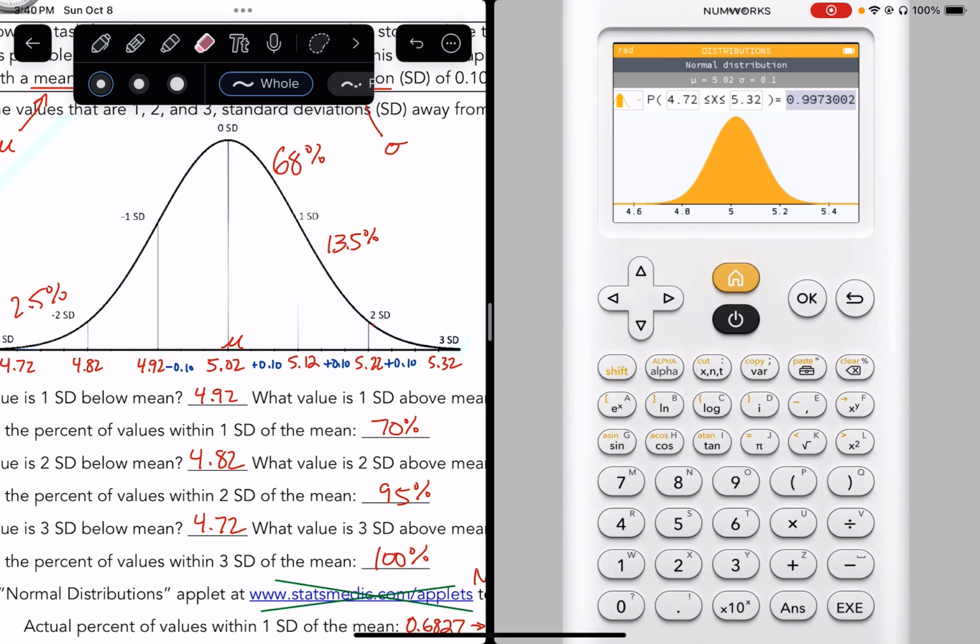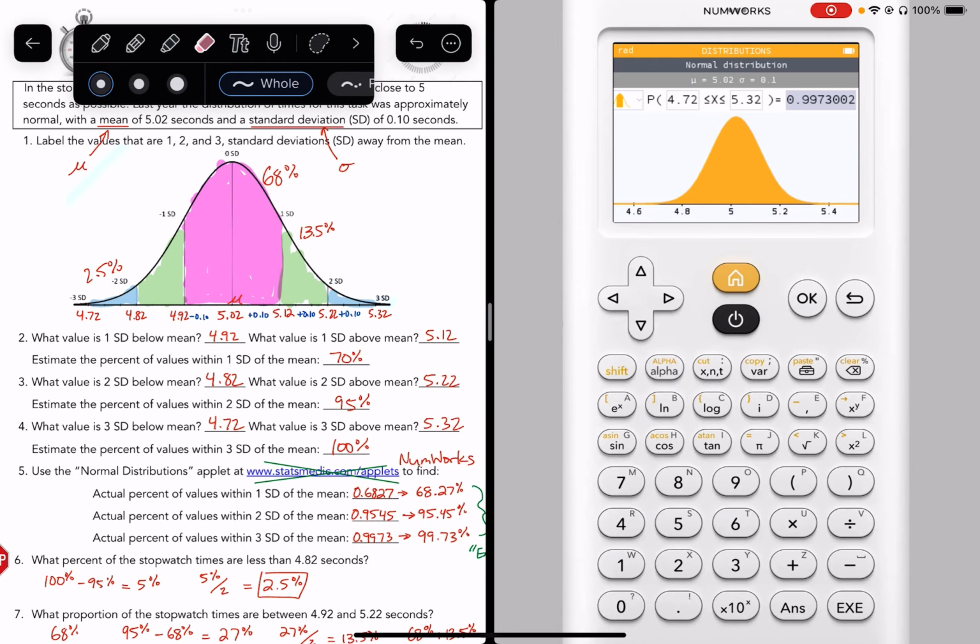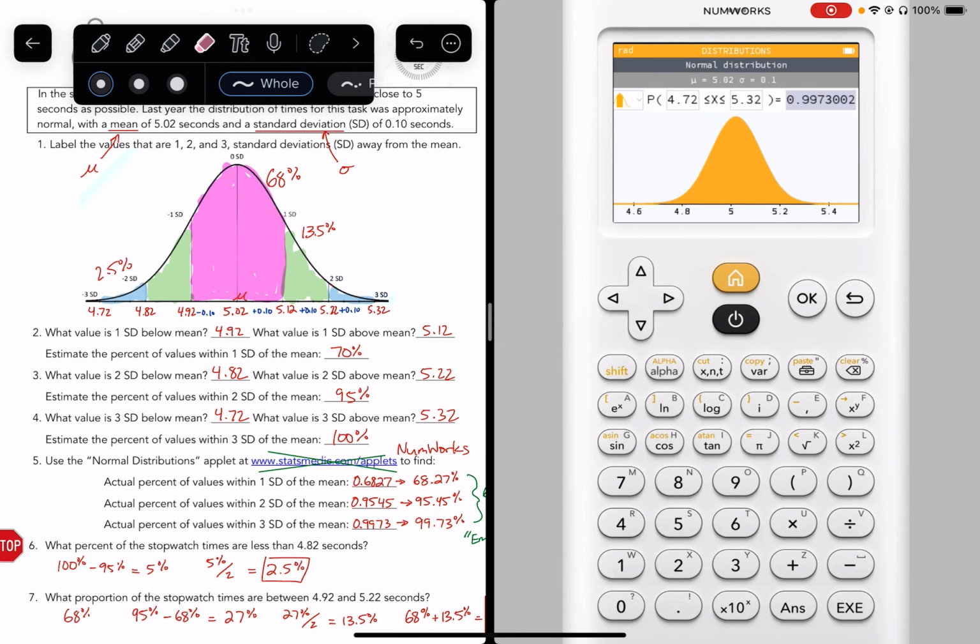Don't just delete all your colors if you've been coloring in with me. We're looking for a spot somewhere around here-ish that is our 84%. So let's think about this for a second. I'm going to get rid of these red lines for a second. So where would that be?